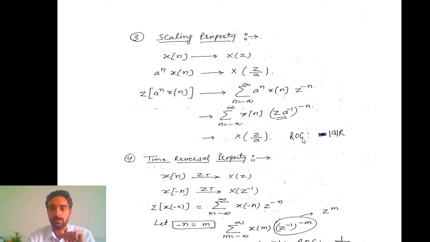And the ROC will be R. This is the ROC of the basic signal x of n multiplied by the factor a. Whatever a is, if it is 2 to the power n x of n, then a will be 2, so we can multiply R by 2.